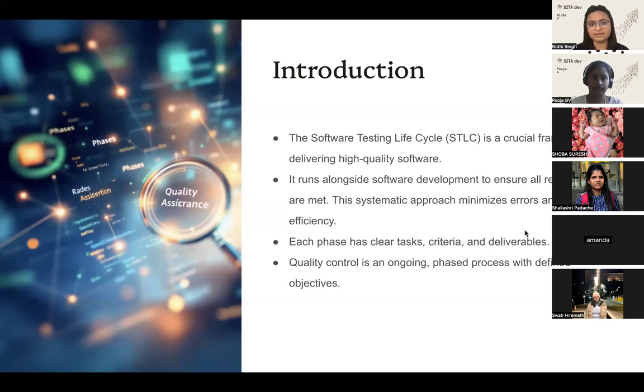In SDLC, when software is developed, we study the crucial steps that every software will follow. If you are developing software, you have to follow these 5 or 7 steps. That is SDLC. Our previous session started with SDLC only.